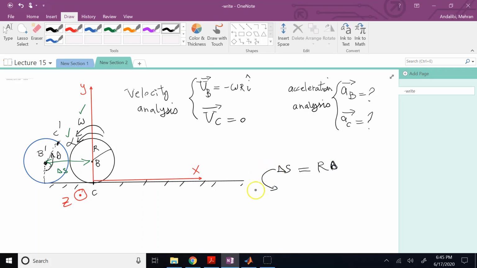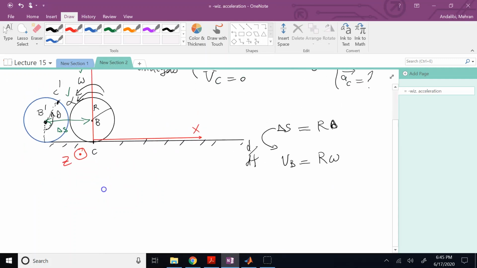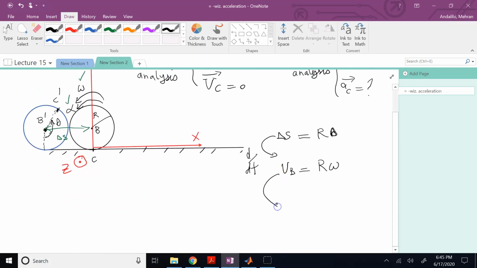And then we took a time derivative from this, and we found that the time derivative of delta S, and delta S is the displacement of centroid, so it is going to be V of the centroid. In magnitude, it was r times theta dot, which was omega. And now I encourage you to take one more time derivative from this, and you're going to find that magnitude of A of B is going to be what?